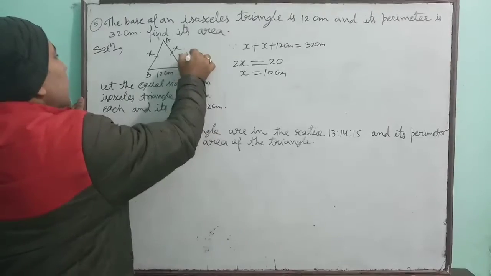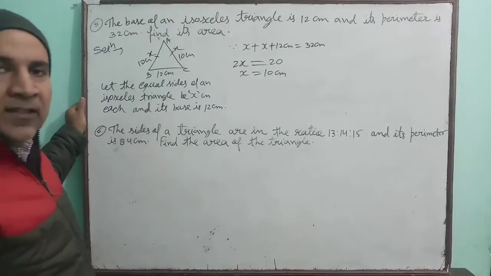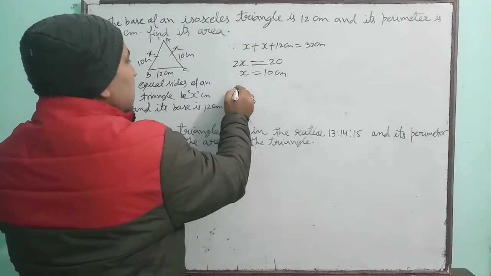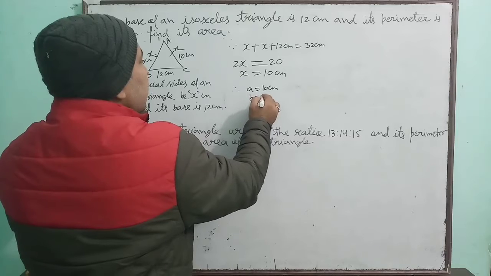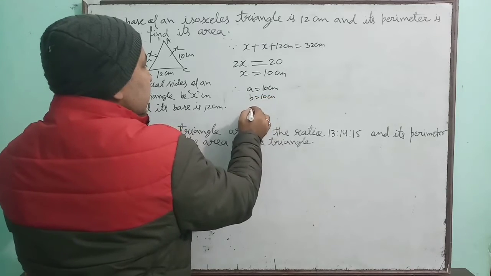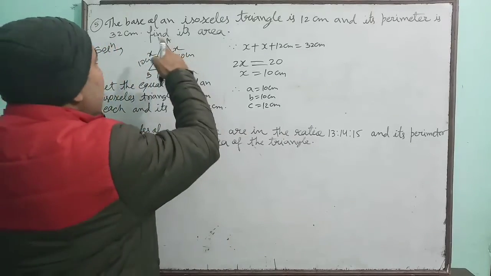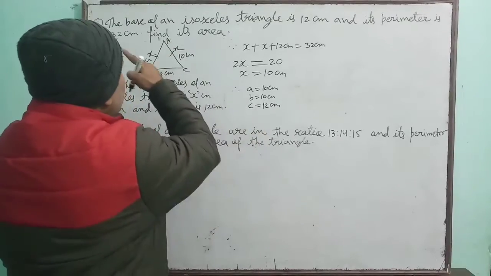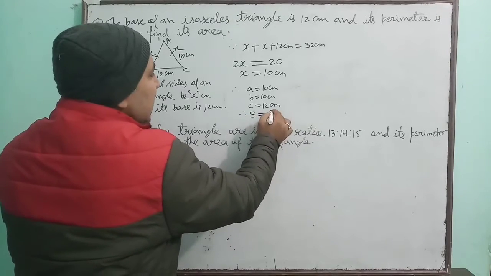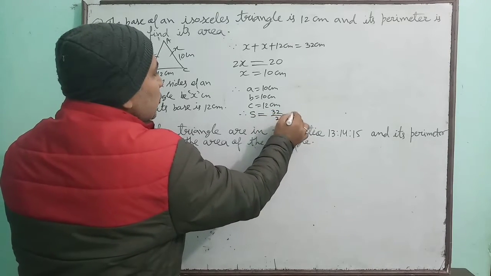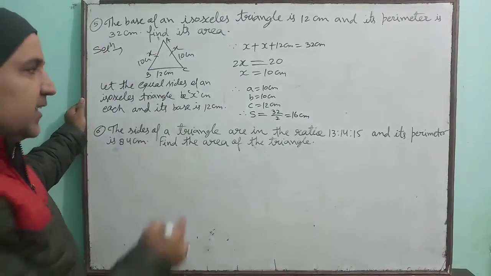Now you have all the three sides. So you can find the area of the triangle. Suppose a is equal to 10 centimeter, b is equal to 10 centimeter and c is equal to 12 centimeter. And perimeter is 32. So you can find the s. 32 by 2 means 16 centimeter. Any doubt here?